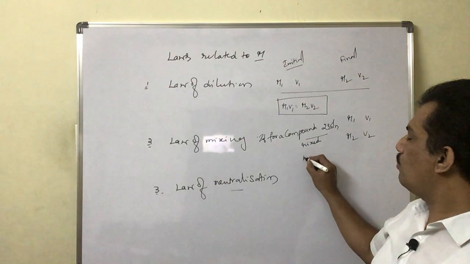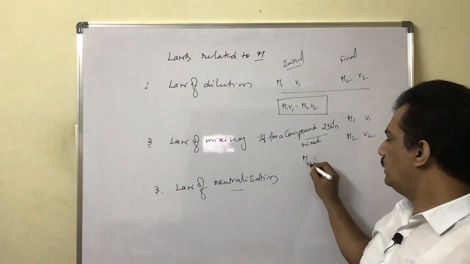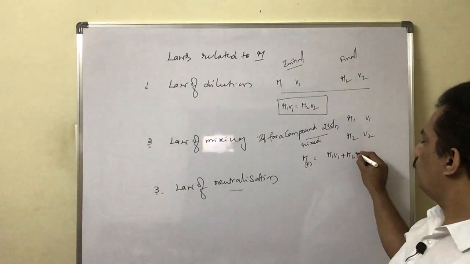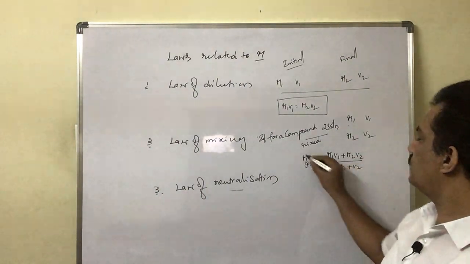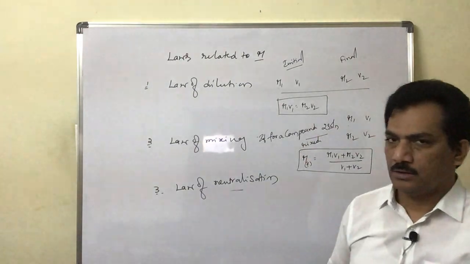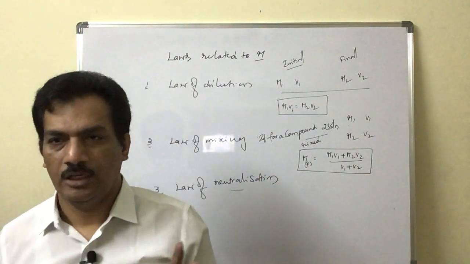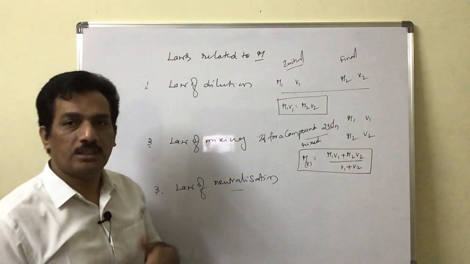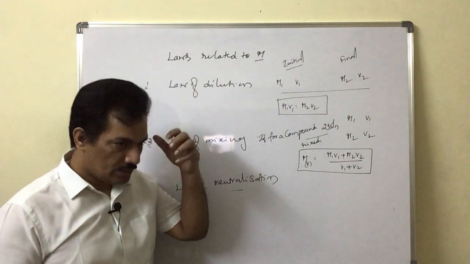Then the final molarity of the solution is M1 V1 plus M2 V2 by V1 plus V2. This is the law of mixing. The solutions must be of the same compound to mix. If different compounds are given, then a chemical process may take place, that is, a chemical reaction may happen. That's why we are considering only the same compound.